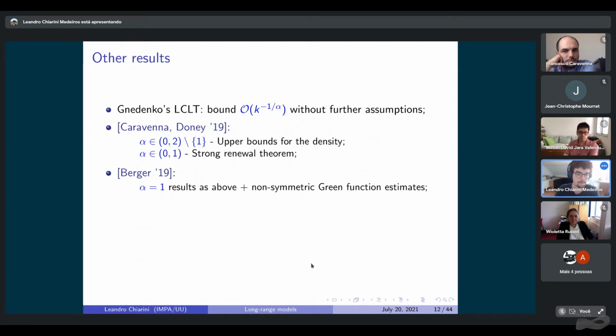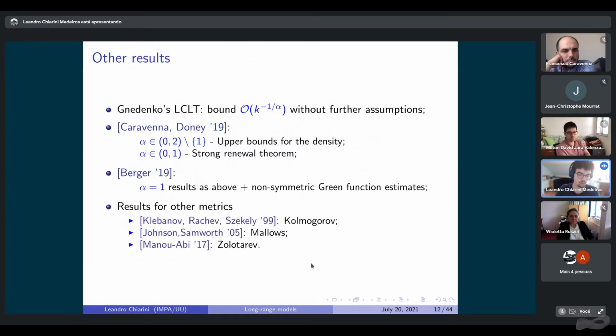And finally, there are results in other metrics, say Kolmogorov, Mallows distance, Zolotarev distance. So there are central limit theorems according to other norms as well. But to the best of our knowledge, the best results known before this article were really of the order of Gnedenko's local central limit theorem.